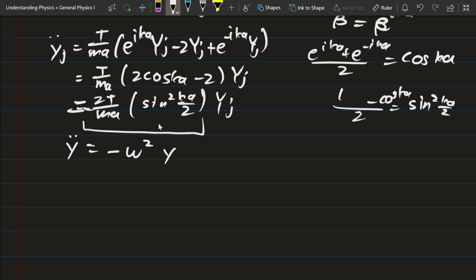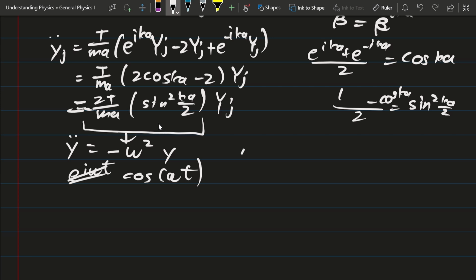Because we know the solution of this is guaranteed to be e to the power of i omega t, which we know for a fact. Or basically, you could write this as cosine omega t. So you could just assume that this guy is omega squared. And so we would know what the angular frequency of this entire system is.